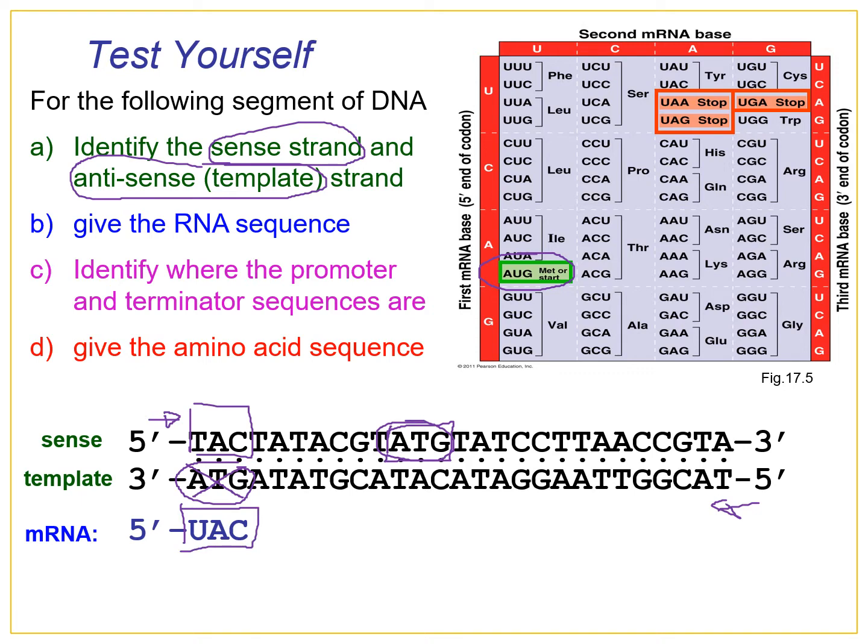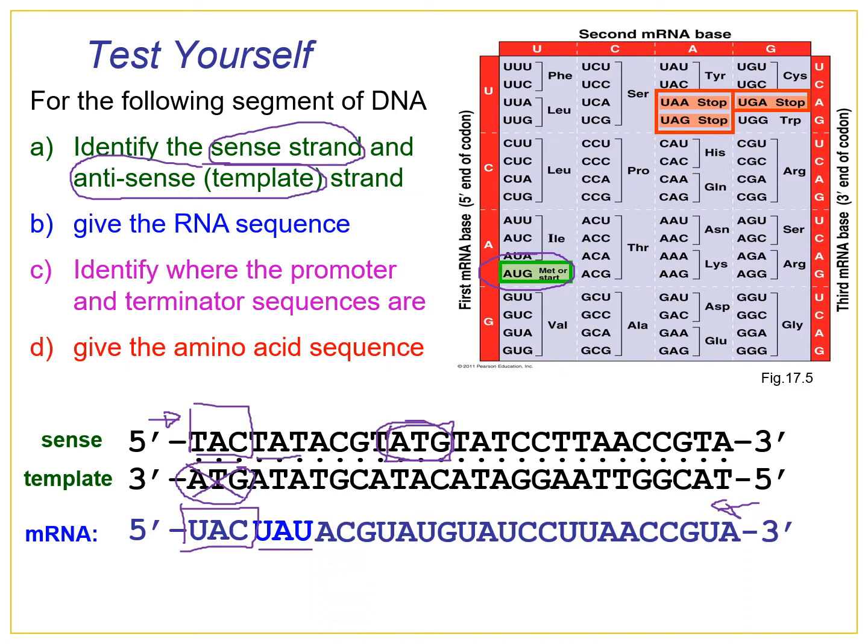So we'll just continue along, and I'm going to copy the sense strand, except for wherever I see a T, I'm going to put a U. So this second codon here, TAT, becomes UAU. So keep going, do the entire sequence all the way to the end.